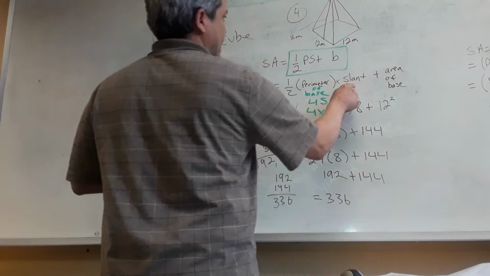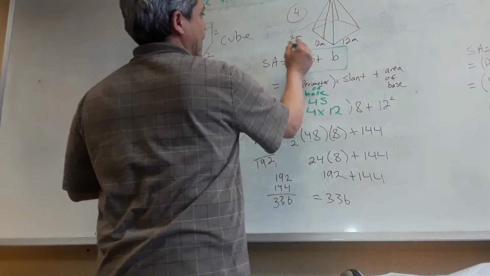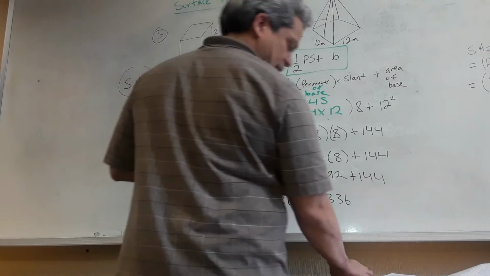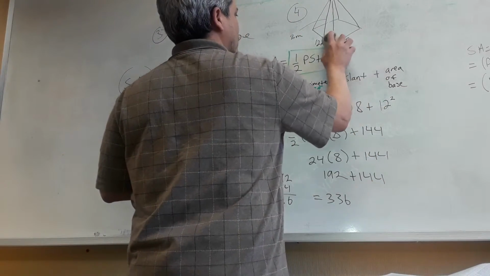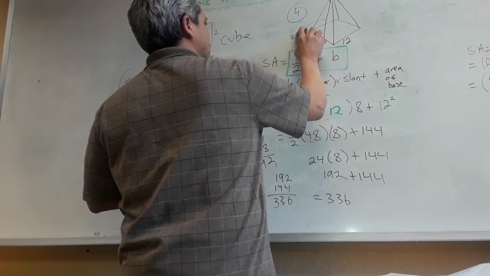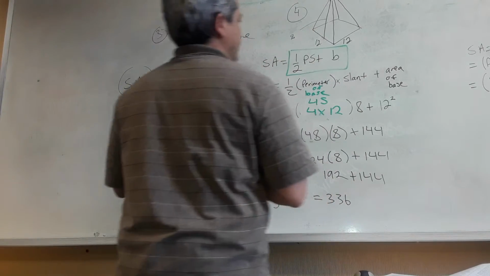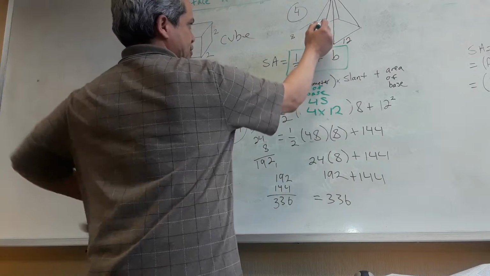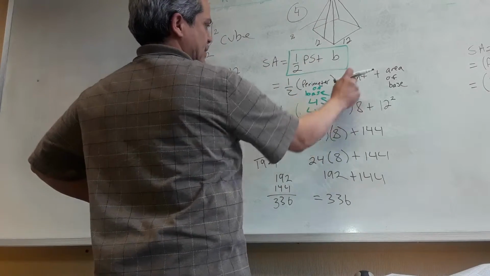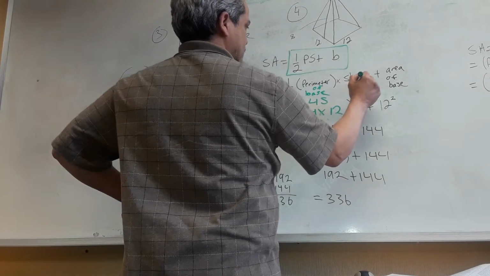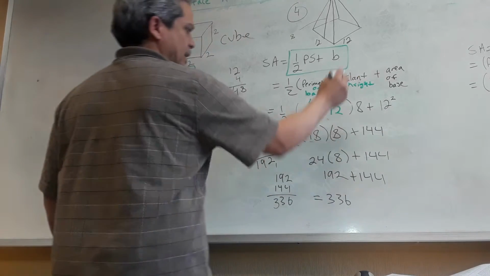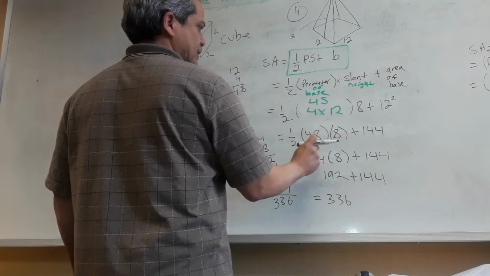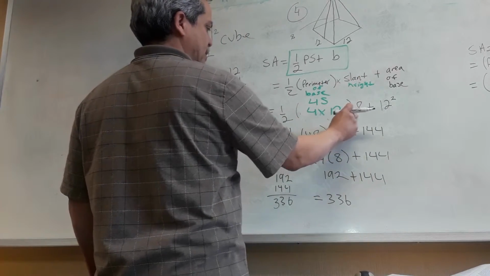Slant height is 8. They're not giving us any units, so you don't have to worry about the units at this time. So we bring our 8 right here.